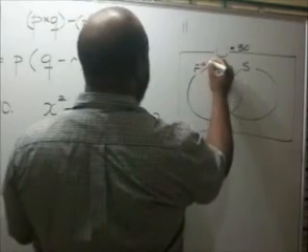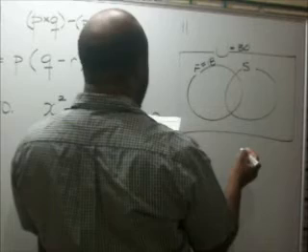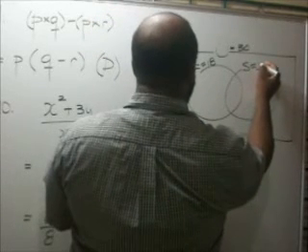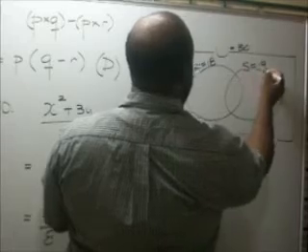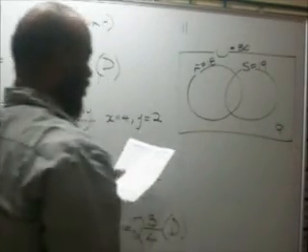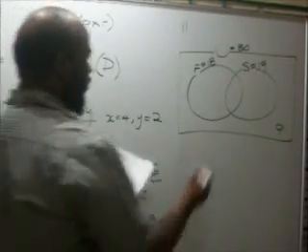We're told that 18 like French, 19 like Spanish, and 9 like neither. And we're asked to find the number of students that like both.